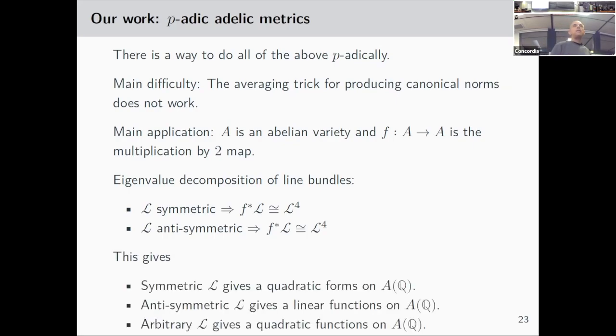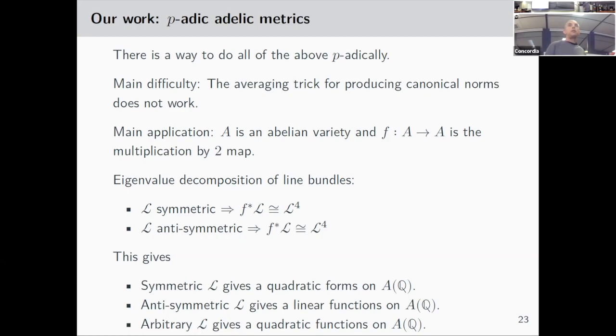And what this gives, so you run this procedure, you get canonical metrics, p-adic metrics, whatever that means, and so you get canonical p-adic heights. And the symmetric ones give you quadratic forms, and the antisymmetric ones give you linear functions. And if you take something arbitrary, you can split it up, via the 2nd power, into symmetric and antisymmetric.